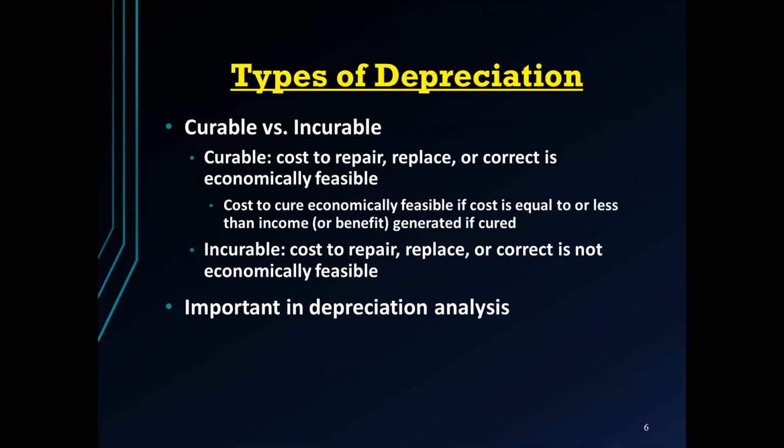So a good example of this is, say, deferred maintenance. If we're talking about physical depreciation and you have property, let's say it's a piece of machinery, and it just needs some maintenance. If it makes sense economically to do that maintenance, that's considered curable obsolescence. And you see that especially with heavy machinery.